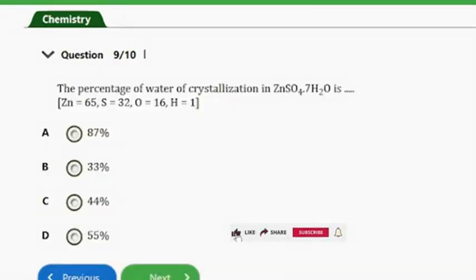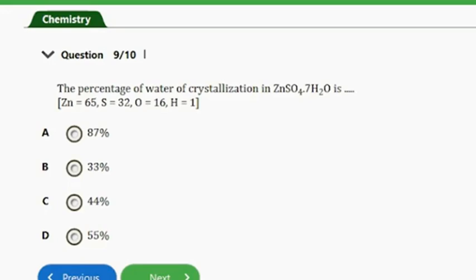Question number 9 here. It says the percentage of water of crystallization in zinc tetraoxosulfate 6 heptahydrate is A 87%, B 33%, C 44%, and D 55%. So guys, a simple way to go about this is just to calculate the molar mass of this zinc tetraoxosulfate 6 heptahydrate.